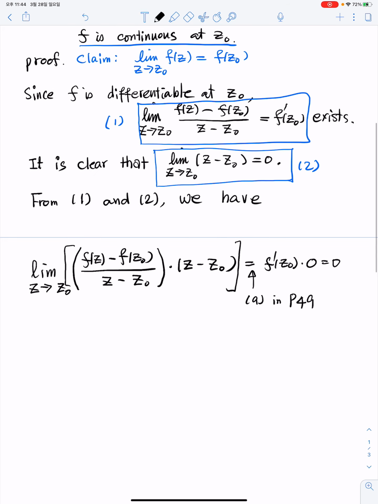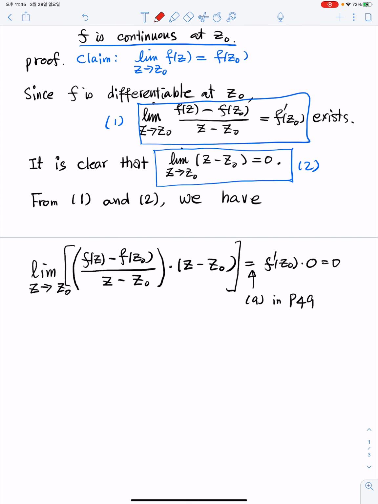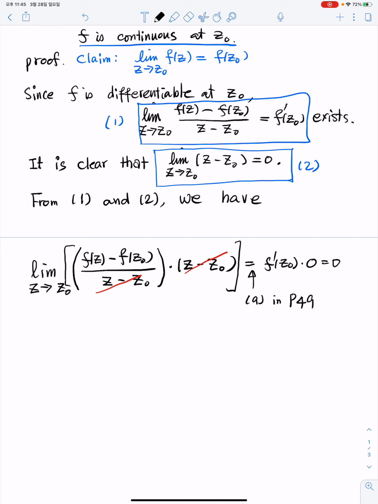And let me look at here. So z approaches z0 means z is not z0, so z minus z0 is non-zero, so this cancels out. So you can cancel them out. So that gives us that limit z approaches z0 of f of z minus f of z0 equals 0.